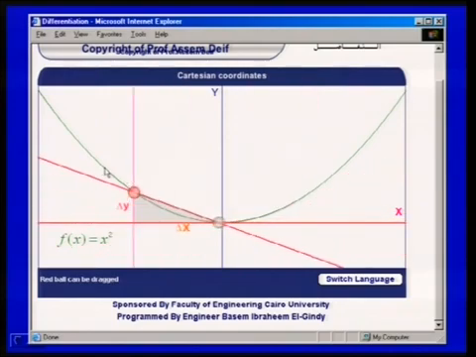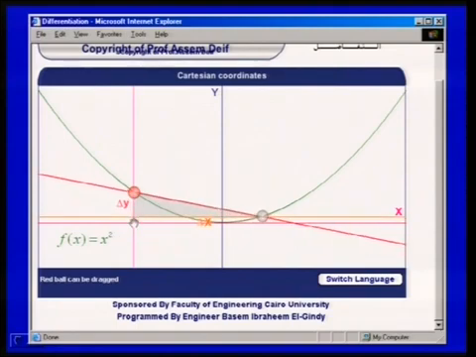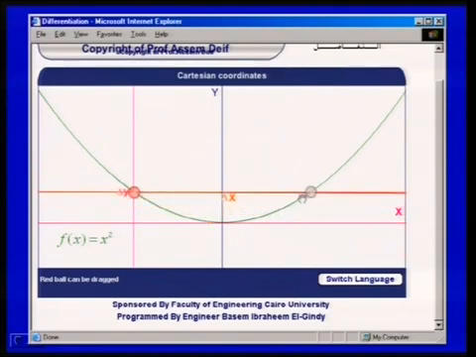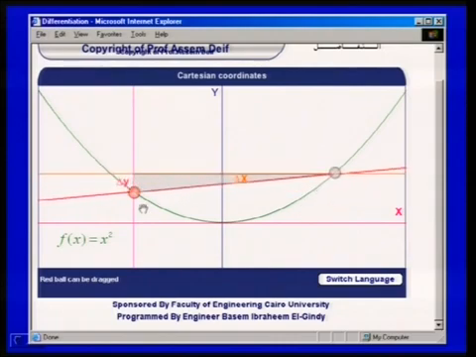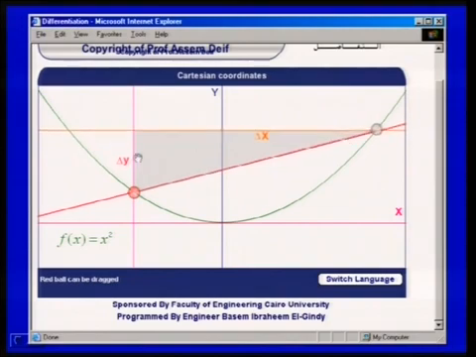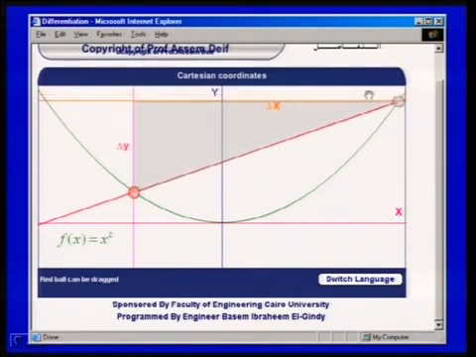Suppose, for example, we move the point to the other situation here. The same thing. We have here a secant. This is actually the slope of the secant. You see that it has as the slope the tangent of this angle here, equal to delta y by delta x.